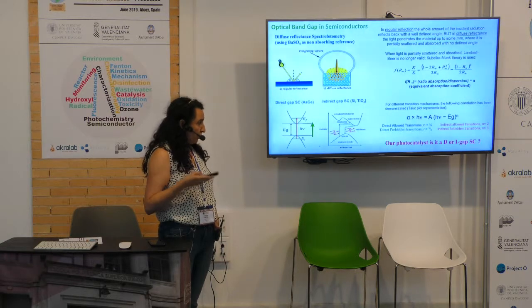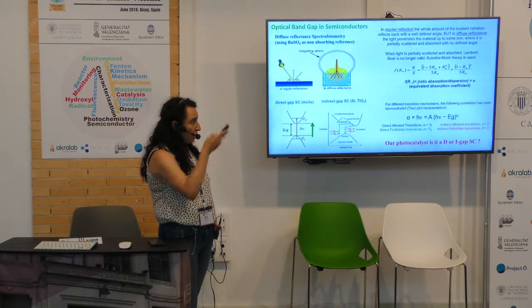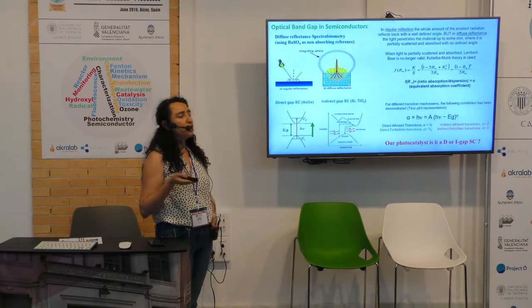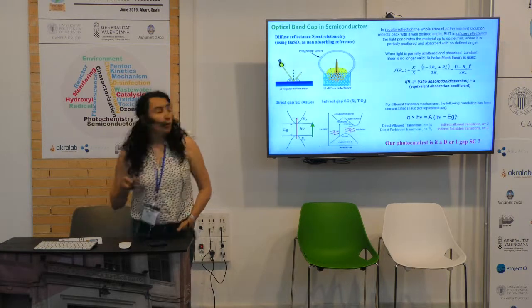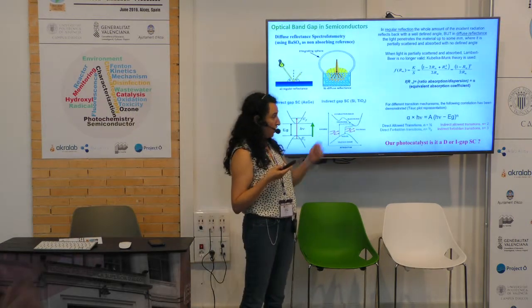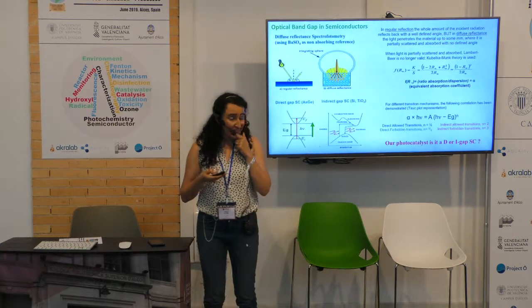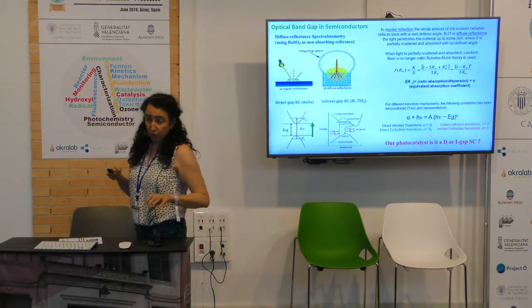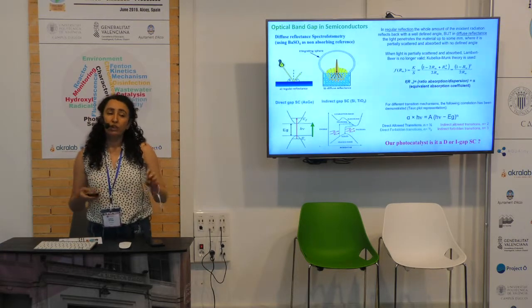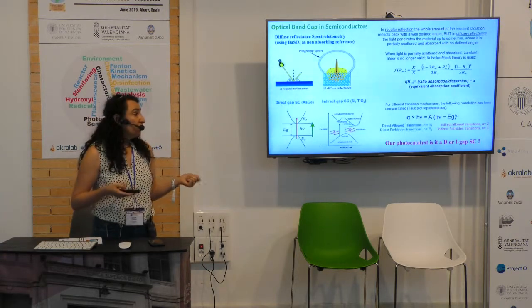So the first thing that we have to consider is, okay, I have the measurements of the diffuse reflectance, but then I want to extract the band gap energy. For that, you have this very famous Tauc plot representation, where you have an exponent that you have to define. So the first question is: is my catalyst a direct or an indirect semiconductor?